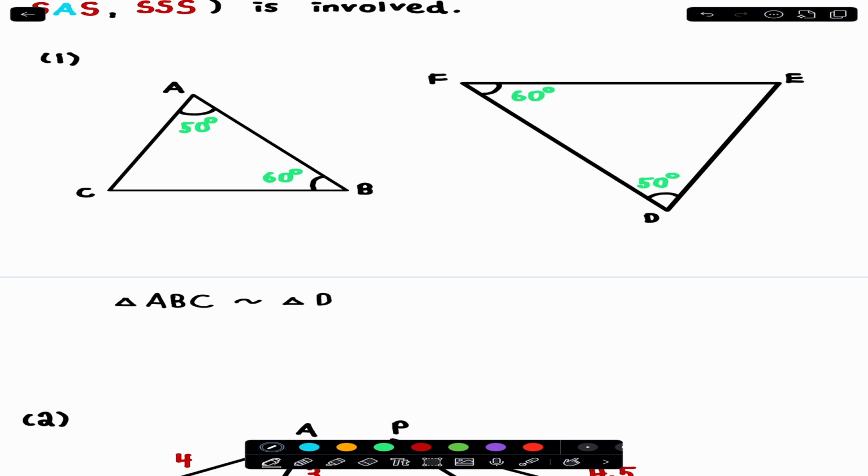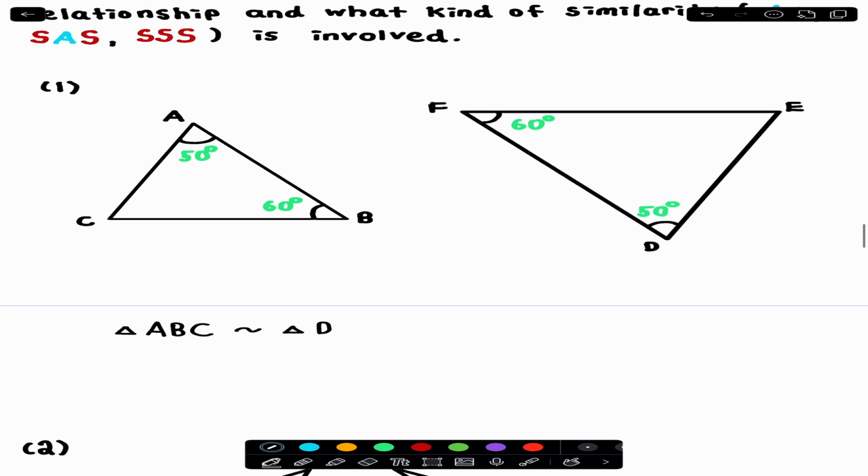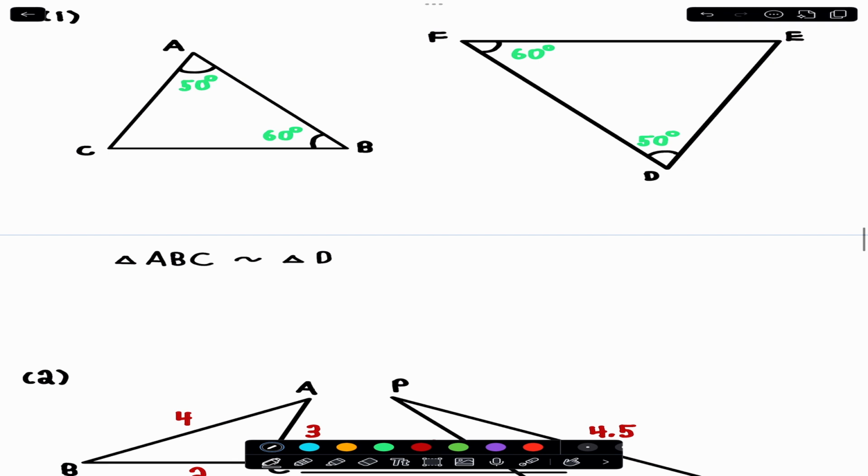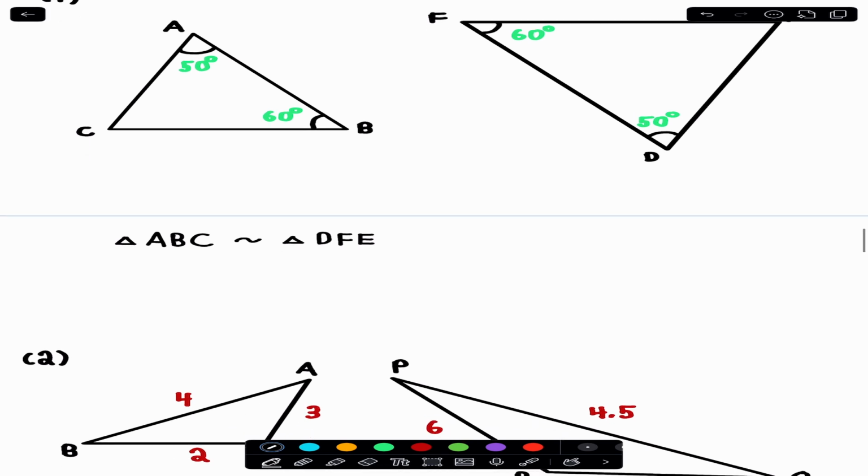If you answered E, I'm sorry, that's incorrect. So it looks like this one switched up a little. It's not in alphabetical order. Angle B is 60 degrees, angle F is 60 degrees, so therefore F must come next. And then by default, E is left. So this is how we would write it.